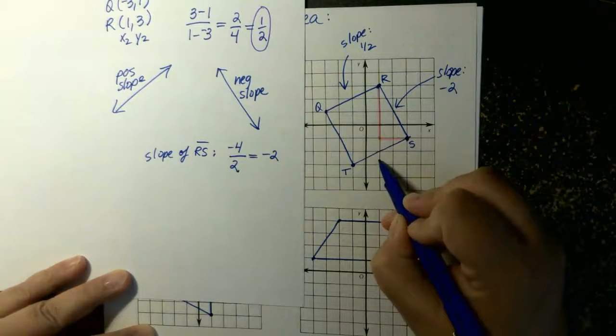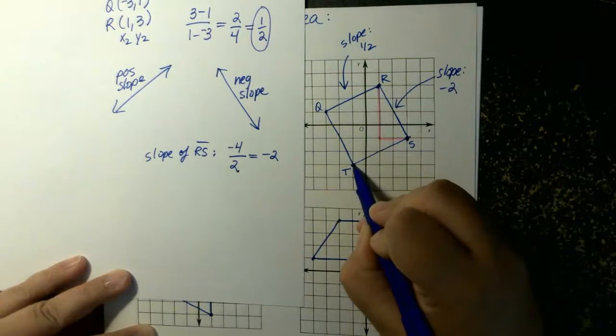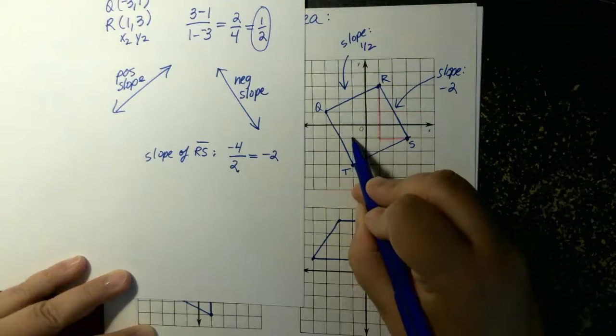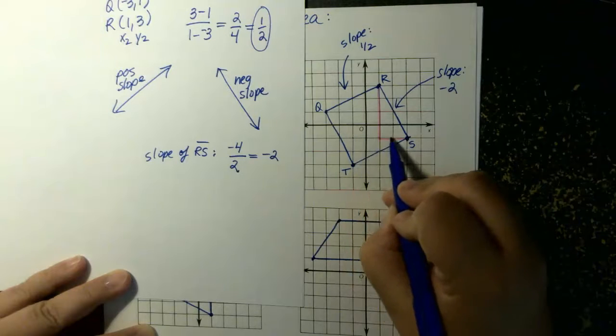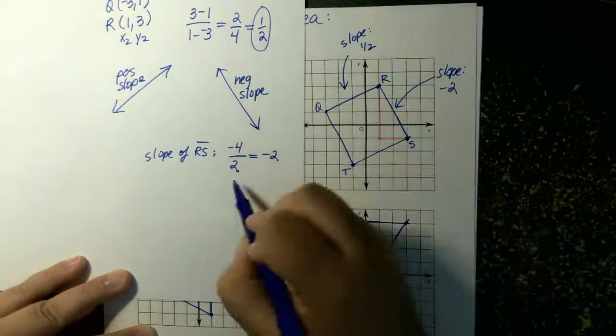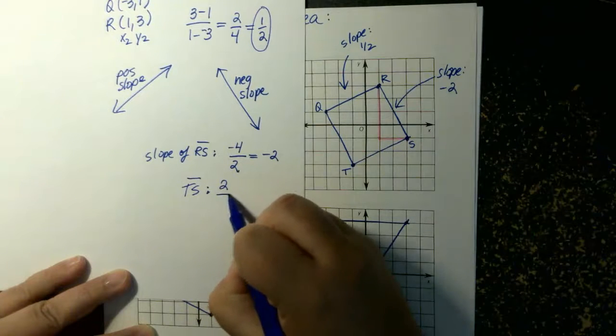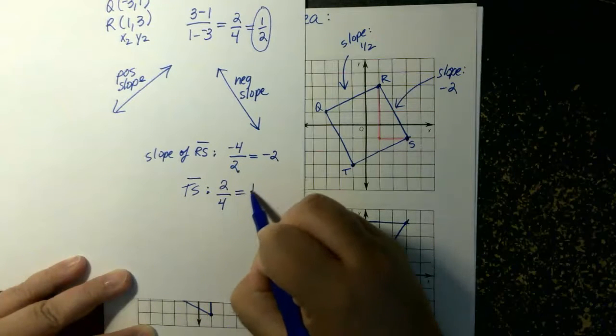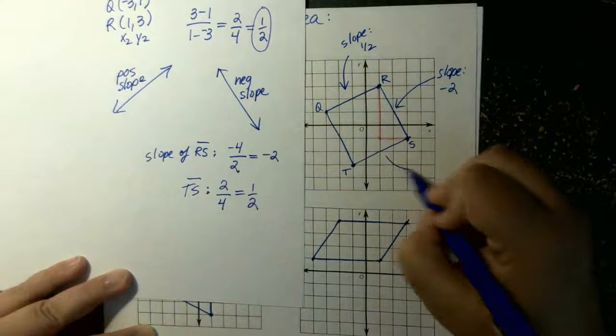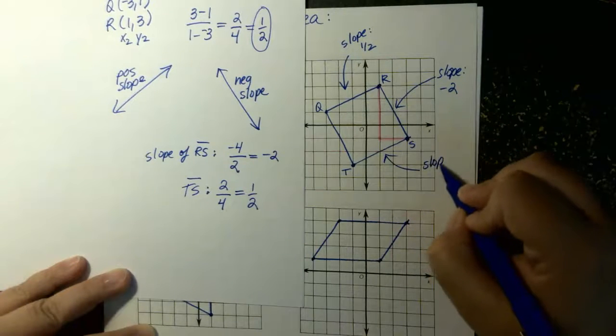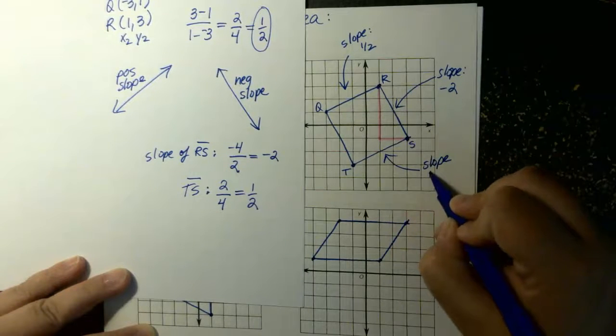Now I'm going to go ahead and find the slope of TS. That's up 2, and 1, 2, 3, 4 to the right. So for TS, I get up 2, 4 to the right. That's 1/2. So the slope of TS is 1/2.